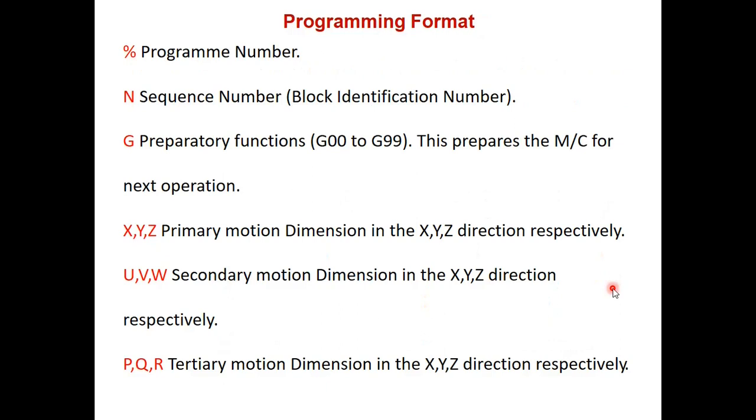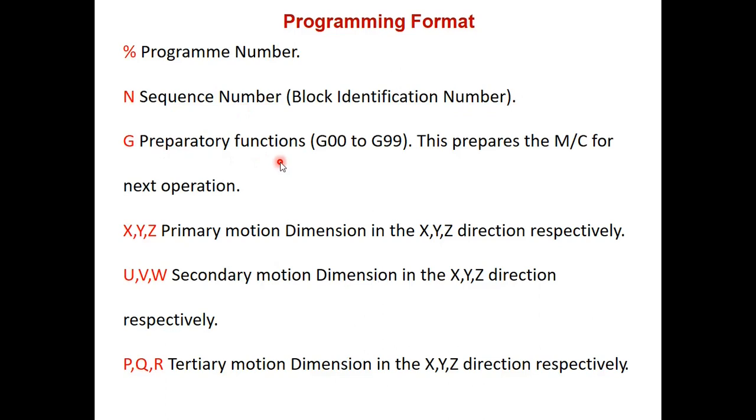So let's see the programming format. Every program will start with a program number, which is given by percentage and O. Next, N stands for the sequence of that block identification, or in simple terms, a line number.